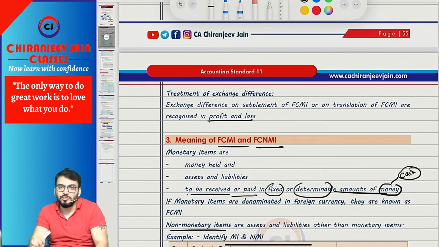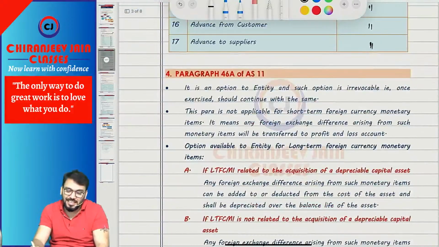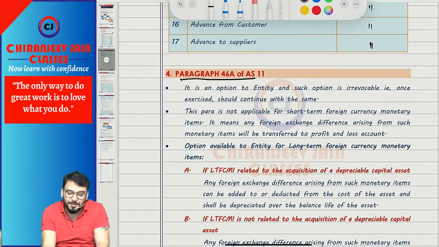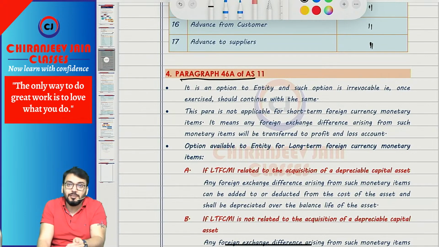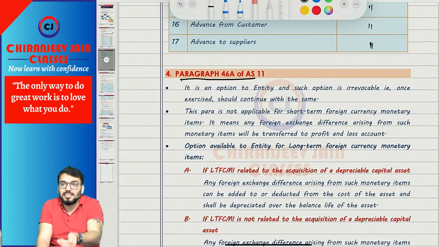But there is one exception to this rule, that is para 46A of AS 11. There is one option given to the entity for capitalization, which means the entity may either opt or not opt for this option.